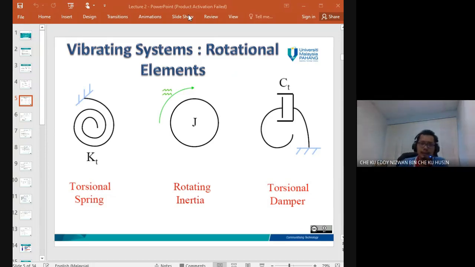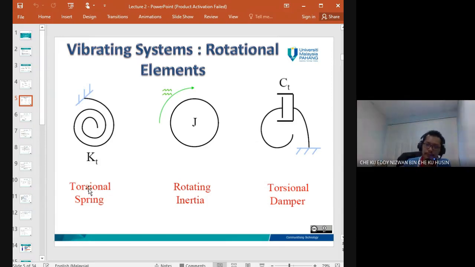For rotational motion, we measure the motion based on angular displacement. For translation we measure displacement in meters, the SI unit, but for rotational we use angular displacement.